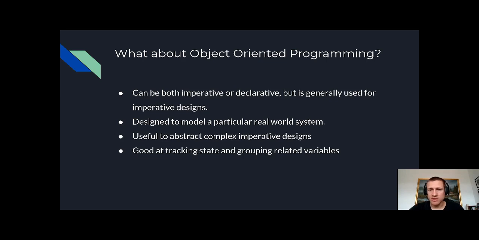But the reason why it's mostly used for imperative designs is because object-oriented programming is very good at tracking state, and it's very good at modeling systems that aren't strictly mathematical and that closely resemble real-world scenarios or real-world objects, to track the state of the real world, which we then model inside of the computer and then carry out functions based on that.